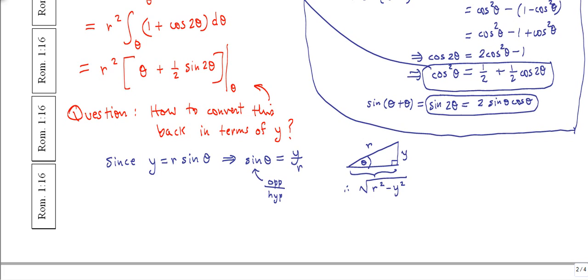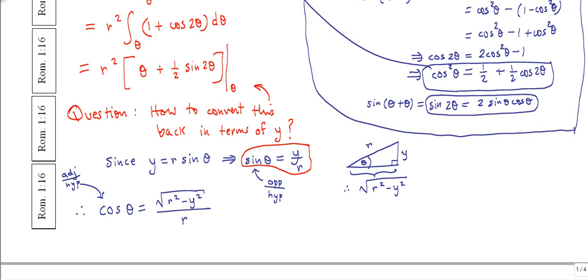And so now we know that sine of theta is y over r. We know that cos of theta is going to be adjacent over hypotenuse. So the adjacent over hypotenuse is going to be the radical r squared minus y squared, over the hypotenuse, which is r.